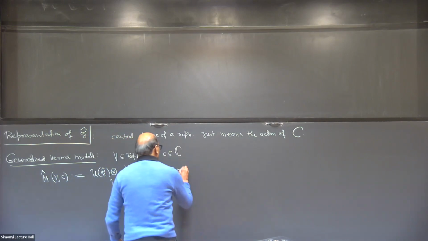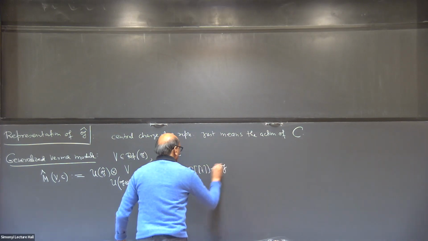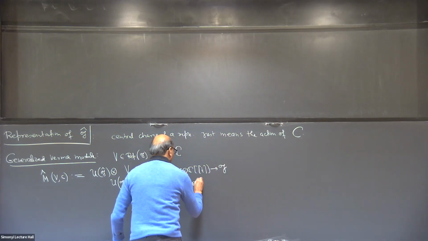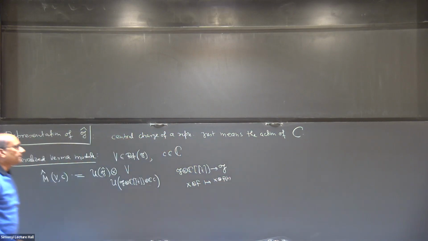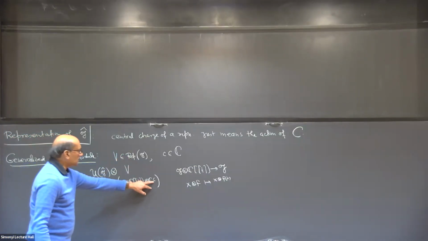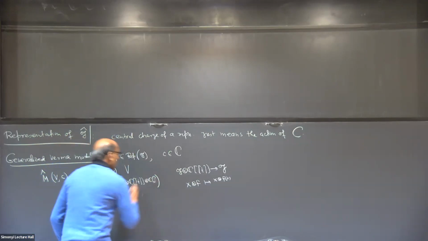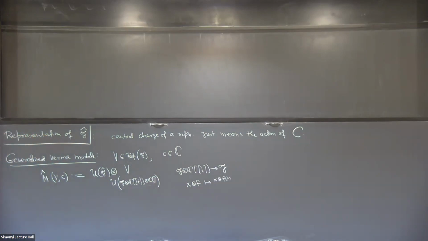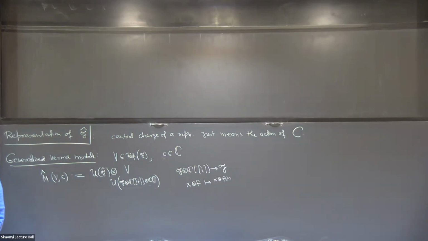So G tensor C[t] has the evaluation X tensor f going to X tensor f(0), and that's how this portion acts on V. And this capital C is acting on V by this fixed scalar small c.